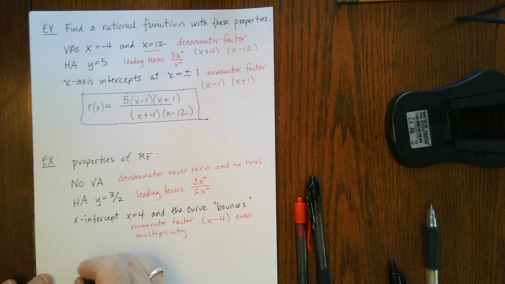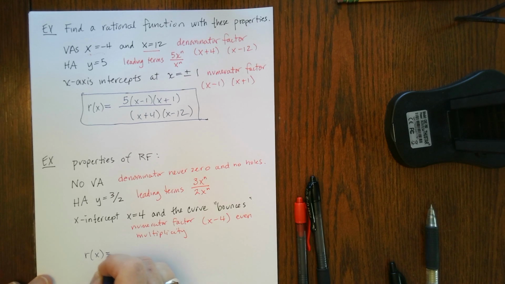All right, let's make our rational function. R(x) equals, so again, we need to have the factor of x minus 4 to some even multiplicity, let's just say 2. And then we need to have a 3 and a 2 on the bottom.